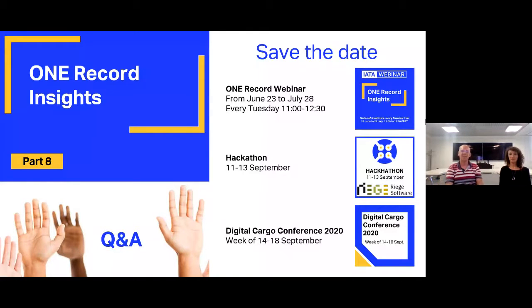However, in practice, maybe 5% or 10% or 50% or 90% is using One Record, and therefore there will always be parties using some of the legacy formats like Cargo IMP and Cargo XML. And guess what? Let's say that in 10 years' time, which in this industry doesn't seem so long, everybody's using One Record. By then, we'll have invented something new.